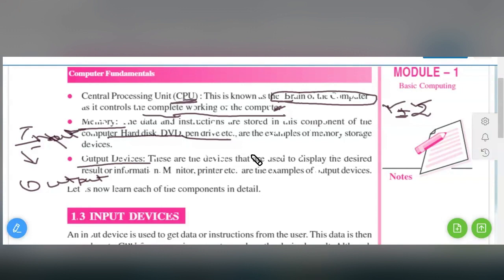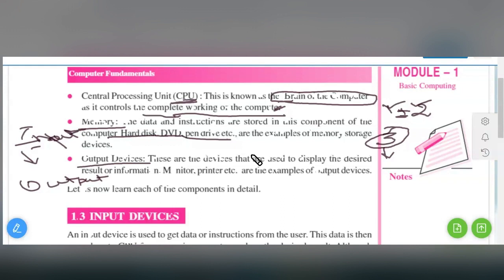So my answer for this instruction is that I have to get 3 as the output. If I want 3 as the output, this data has to be shown to me. Some devices help me see this data, and those devices are known as output devices.